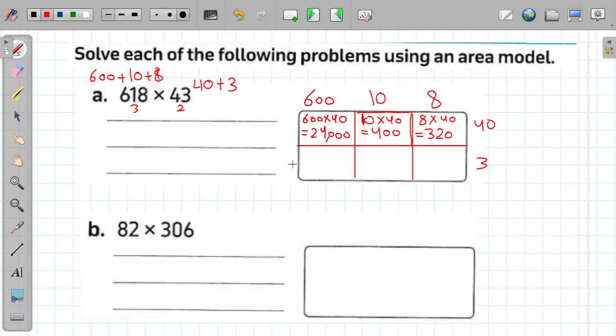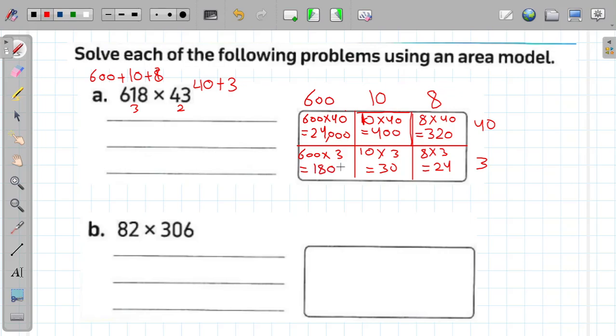Next, I will multiply in the second row. So I multiply 8 by 3, 10 by 3, and 600 by 3. So 8 by 3 equals 24. 10 by 3 equals 30. And 600 times 3 equals 6 by 3 equals 18.